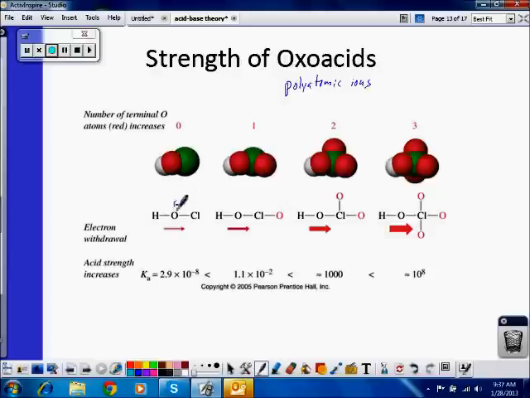Oxygen is the negative end, hydrogen is the positive end. So the more oxygens I put on, the stronger the pull of that one electron away from the hydrogen. So you can see down here, HClO4, perchloric acid, that's considered a strong acid. That is the strongest of those 4 because it has the most oxygens on it.